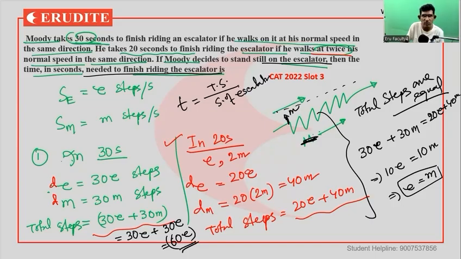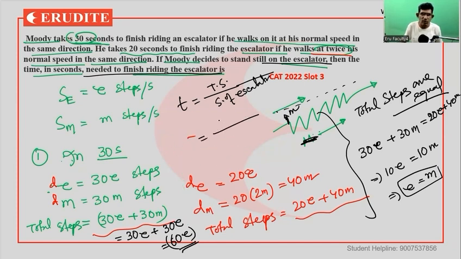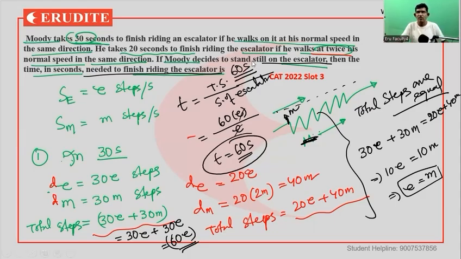Simple logic: the escalator will only move at its own speed. The total number of steps is 60 times E and the speed of the escalator is E, so I simply get 60 seconds. That's my simple question with a simple explanation.